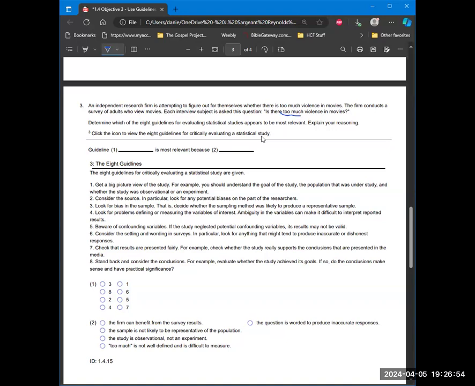That's an opinion question that's hard to gauge, and it can mean a different thing to different people. Right, and I just explained why the phrase too much is not well defined and is difficult to measure.